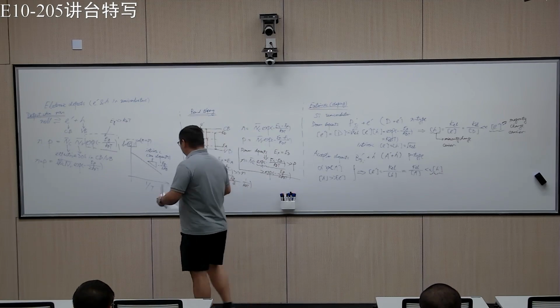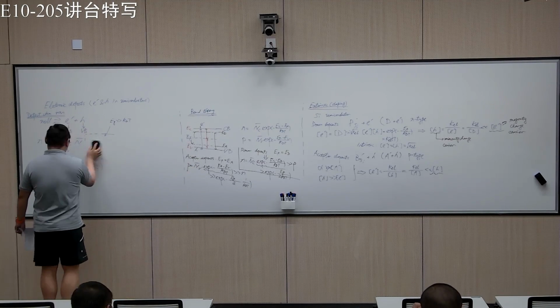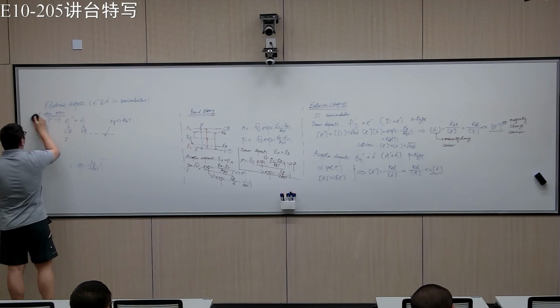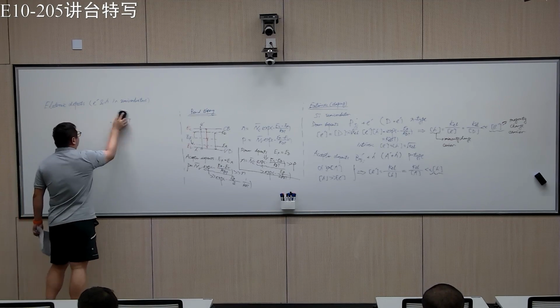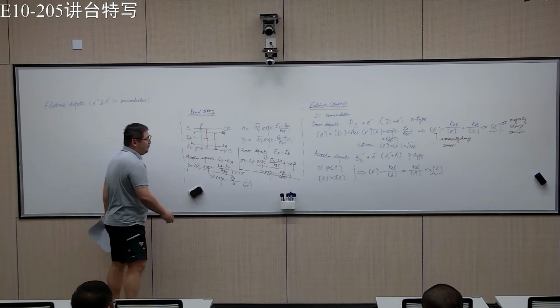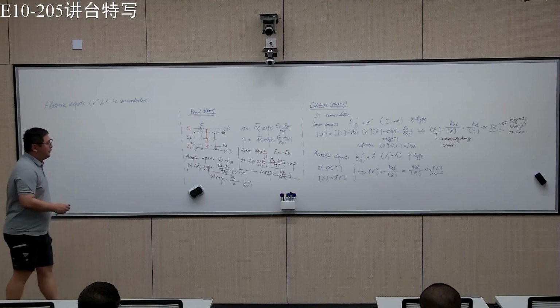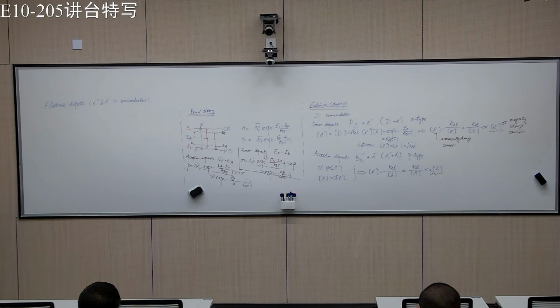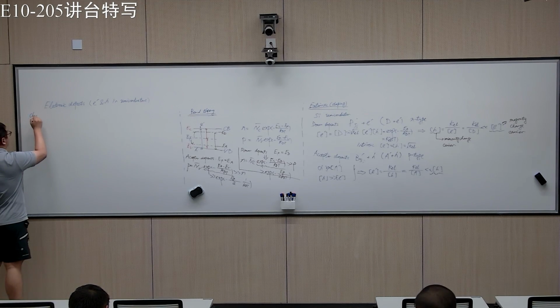So since it's really a physical chemistry class rather than a semiconductor physics class, I just give you another way to look at the problem. So another way to look at it is to think about the chemical potential.